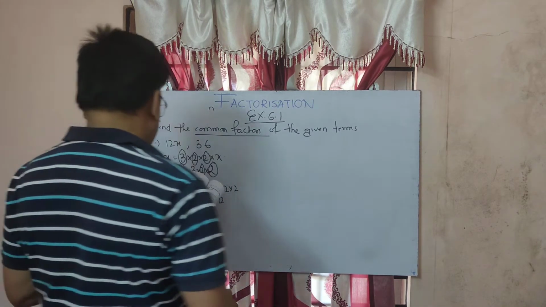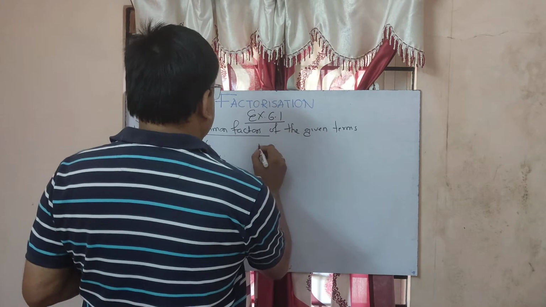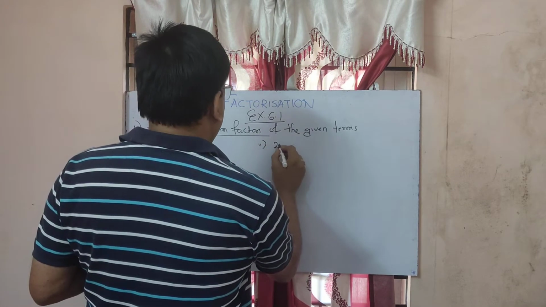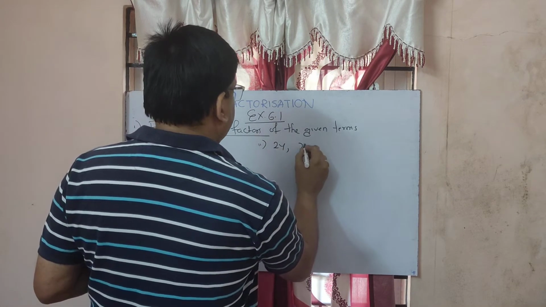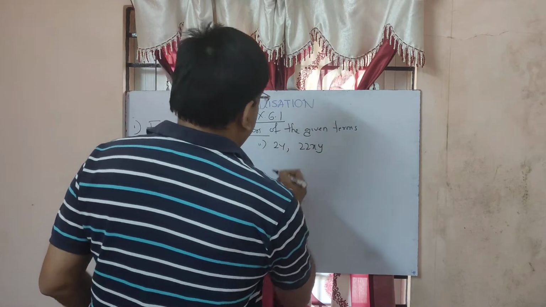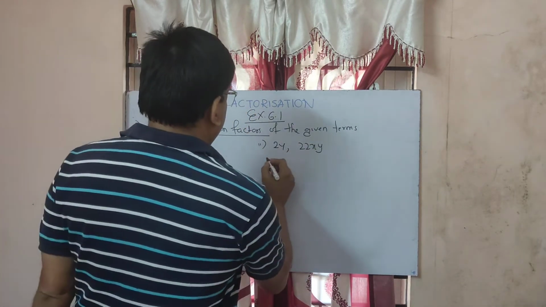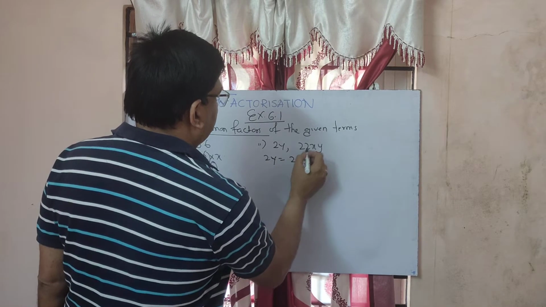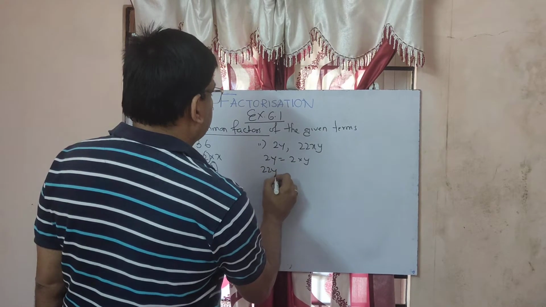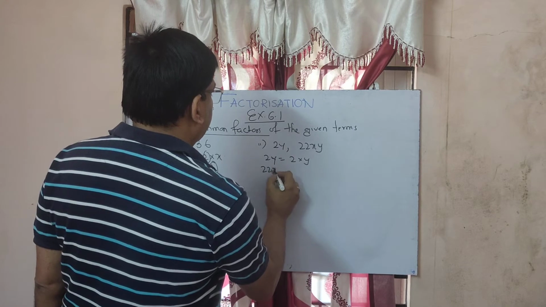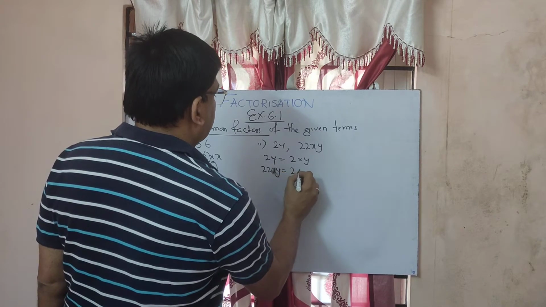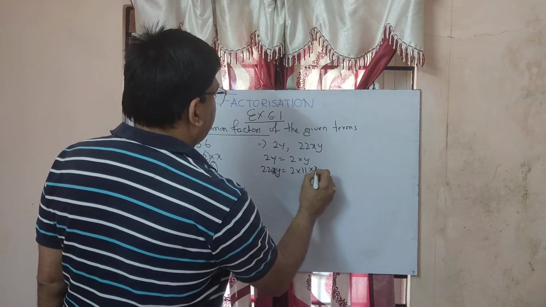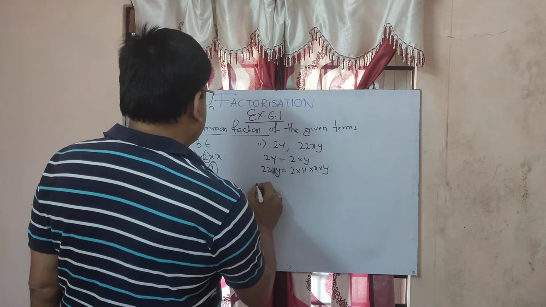In the same way, we will do the second one now: 2y and 22xy. Again, same thing. First of all, you have to find the factors of 2y: 2 into y. And 22xy: 2 elevens are 22, x, into y. Now again, what you have to find?